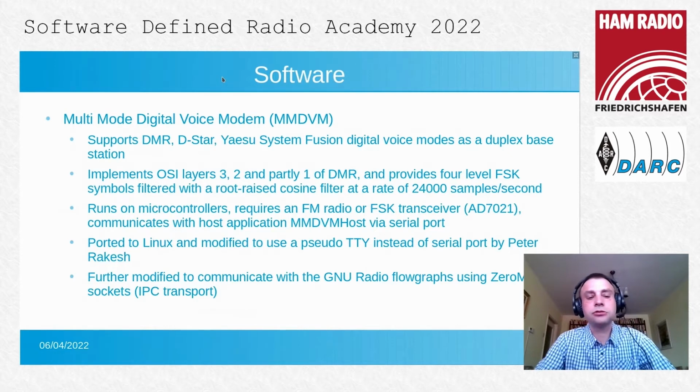MMDVM was also designed to run on microcontrollers. Essentially, it requires external hardware like an FM radio or a frequency shifting transceiver. Most often, the Analog Devices AD7021 is used in these very specific hardware required to run MMDVM. It communicates with the host application, MMDVM host, using a serial port connection.